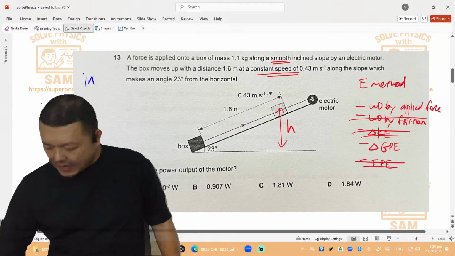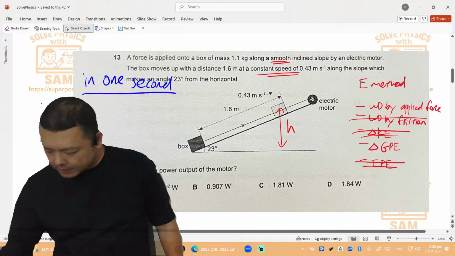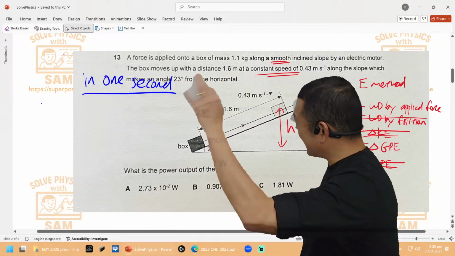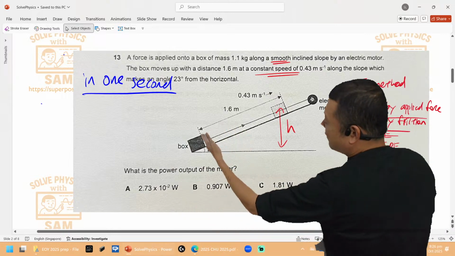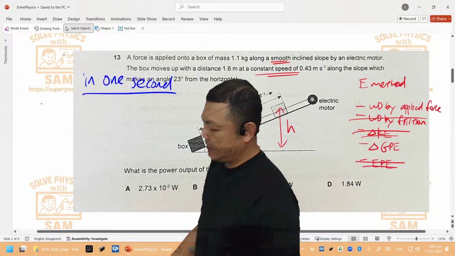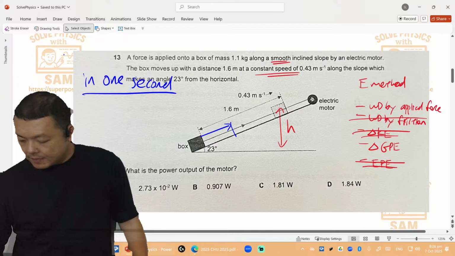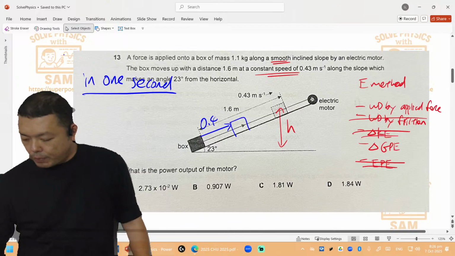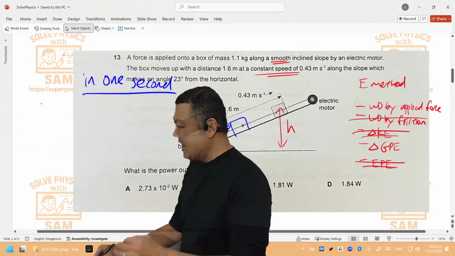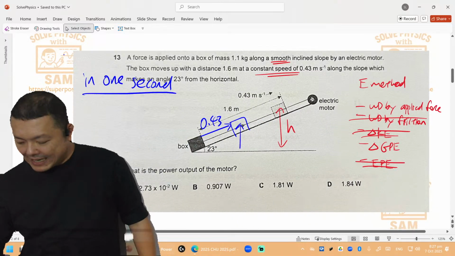In 1 second, how far does the box move up by? 0.43. In the same 1 second, how much height does it gain?